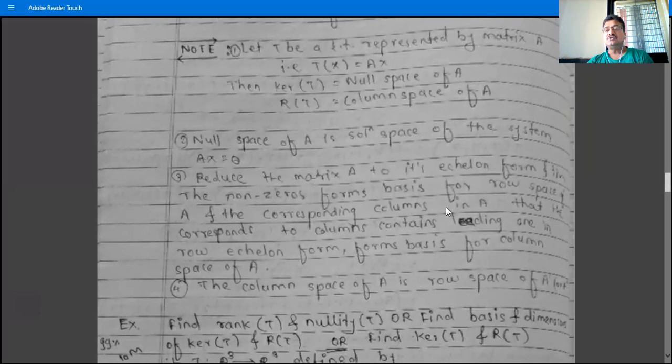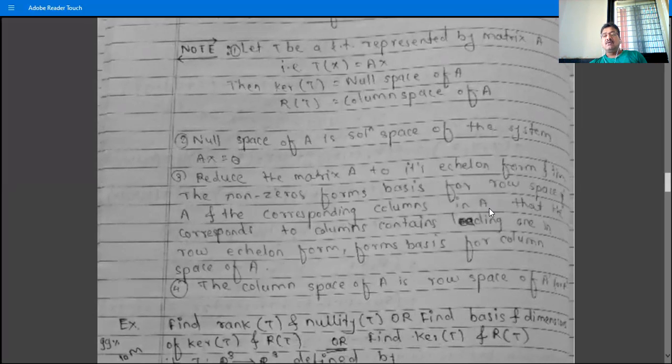The non-zero rows form the basis for the row space of A. That is, if you reduce the matrix A to row echelon form, then the non-zero rows in its echelon form form the basis for the row space of A, and the corresponding columns in A that correspond to columns containing a leading one in the reduced row echelon form form the basis for the column space of A. So how do you write the basis for the column space of A?